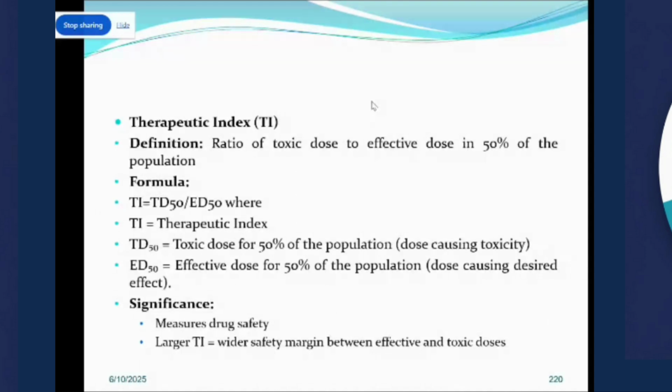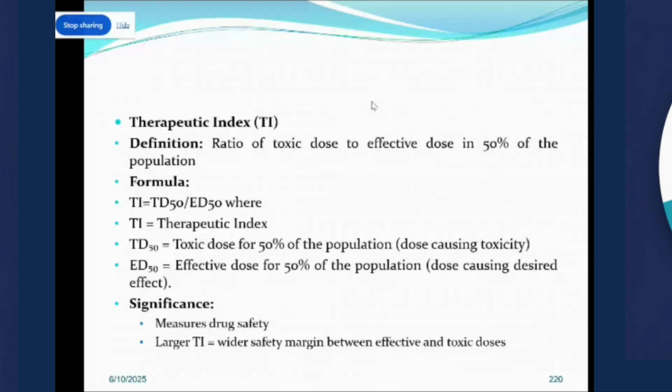ED50 is the dose causing the desired effect in 50% of the population. The significance: it measures drug safety. A larger TI means a wider safety margin between effective and toxic doses.